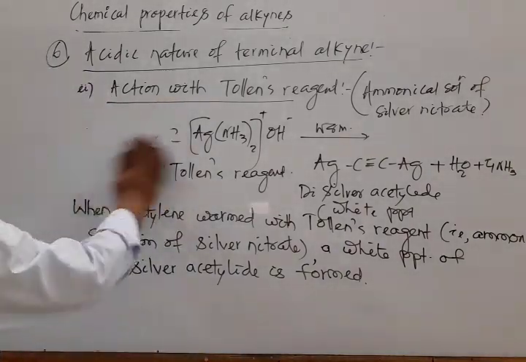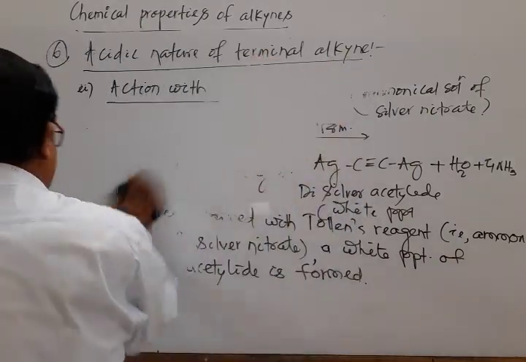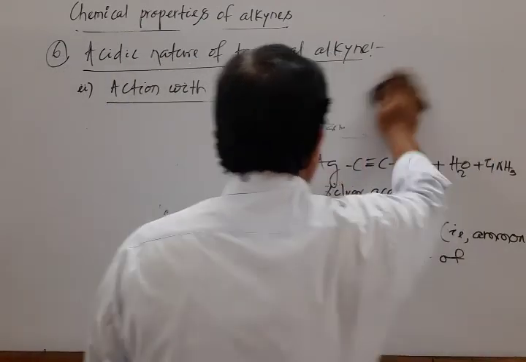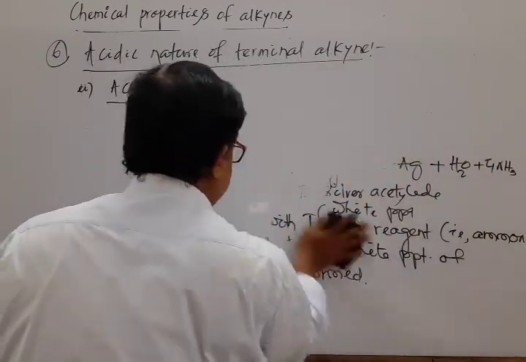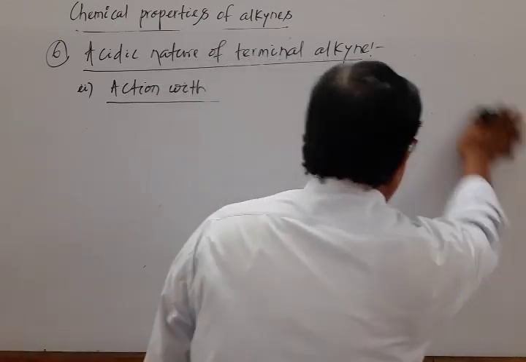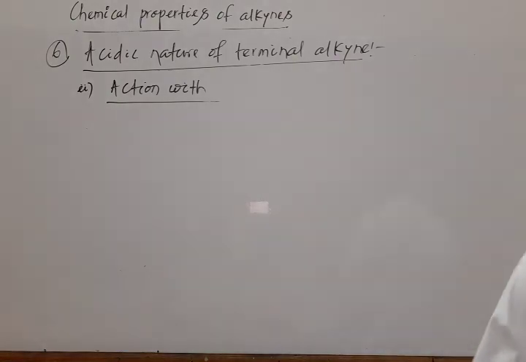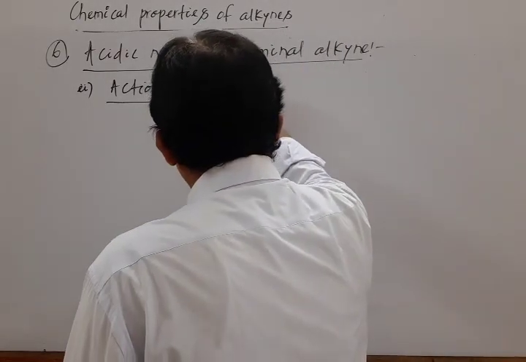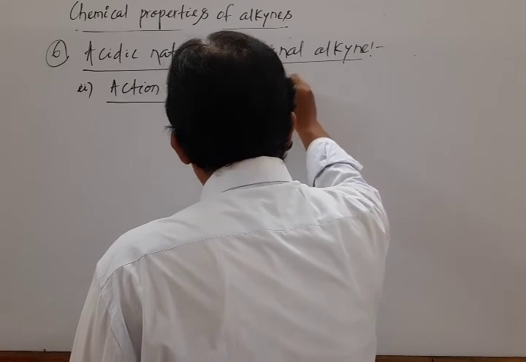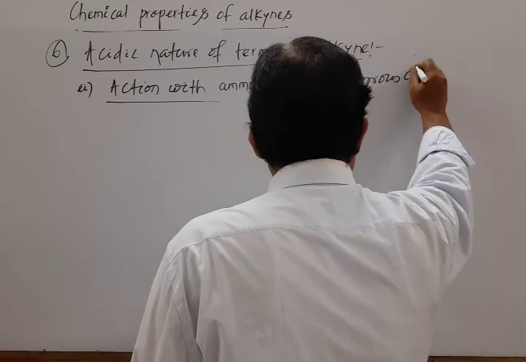Next one, bit 3, that is action with alkaline solution of cuprous chloride. Last example under the heading to identify the acidic nature, known as alkaline or ammoniacal solution of cuprous chloride.